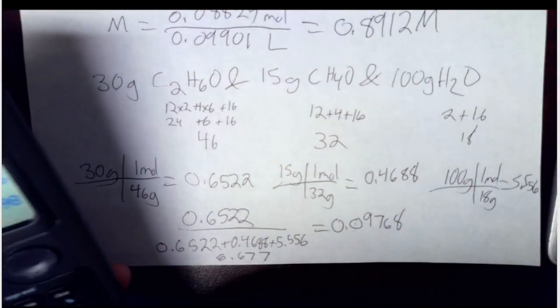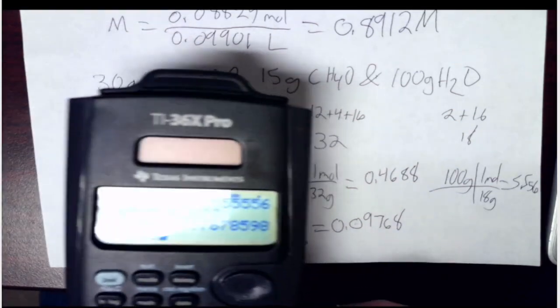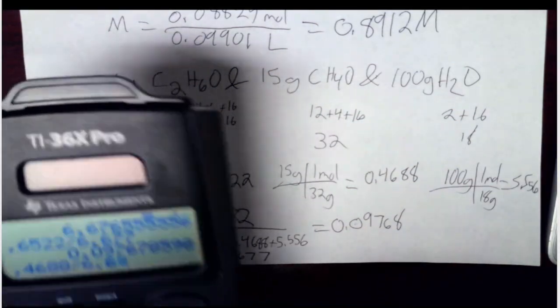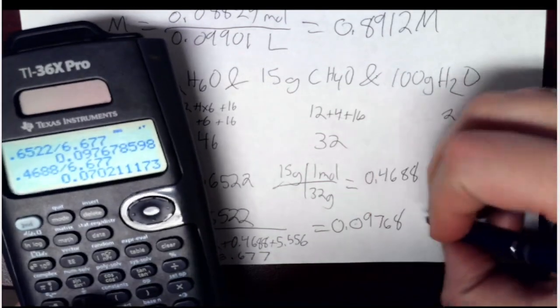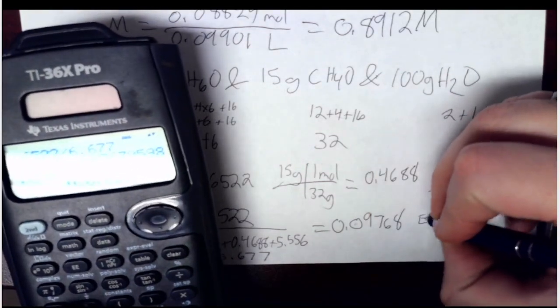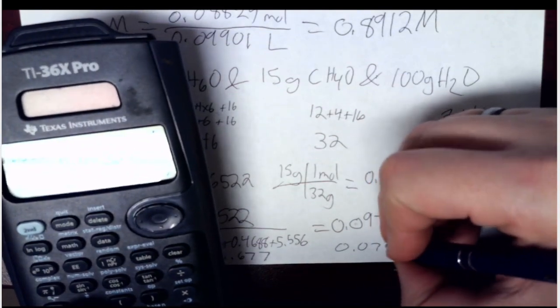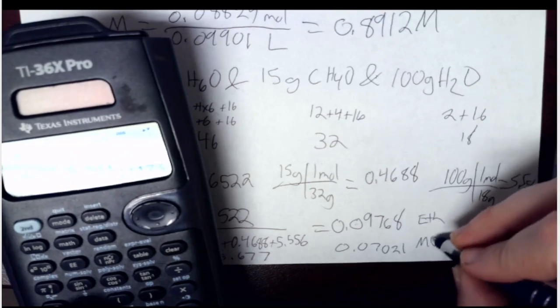If I wanted to calculate the mole fraction of methanol, I would use the 0.4688 divided by the 6.677. That would be the methanol. That's ethanol. Methanol would be 0.07021. That's methanol.